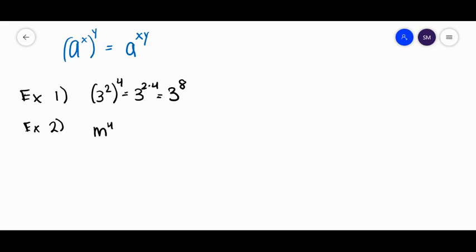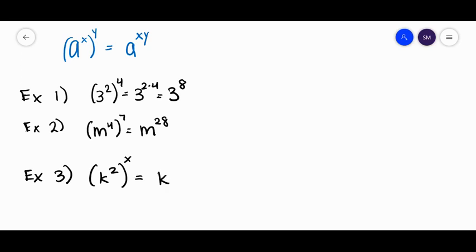M to the 4th raised to the 7th power would be equal to m to the 28th power. K squared raised to the power of x would be equal to k to the 2x.